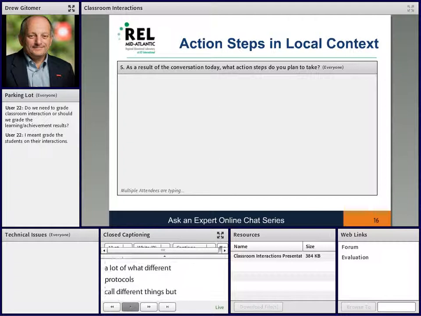So we don't see the formative assessment kinds of strategies that Margaret talked about the last time. We just don't see those kinds of instructional interactions that you'd like to see, and you do see in the highest performing classrooms.